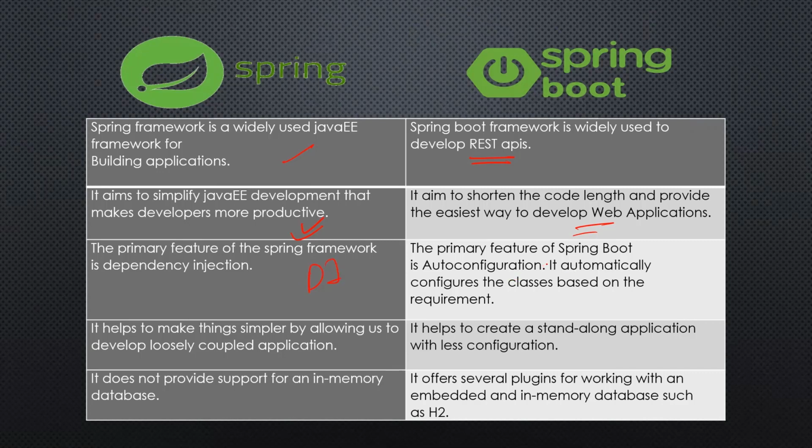The primary feature of Spring Boot is auto configuration. Its main feature is to auto configure. It automatically configures the classes based on the requirement. It helps to make things simpler by allowing us to build loosely coupled applications, and it helps to create a standalone application where we do not need to deploy our WAR file into a server.